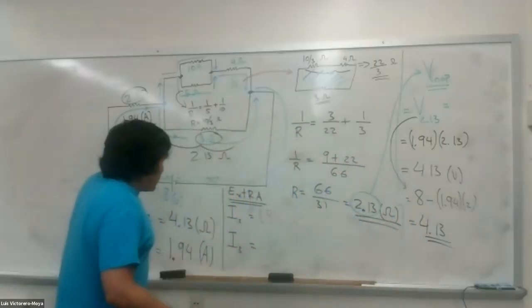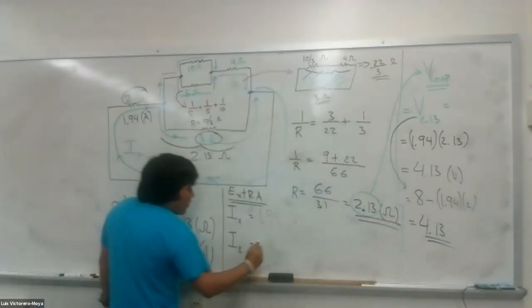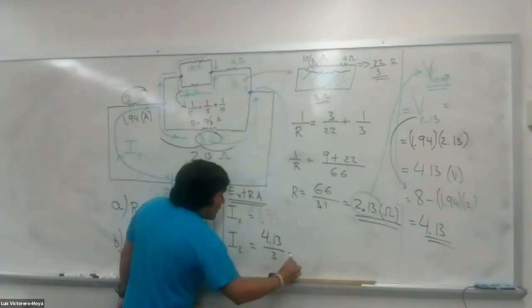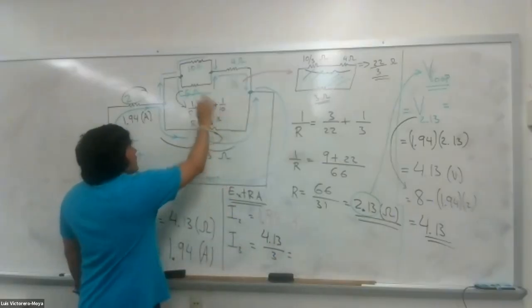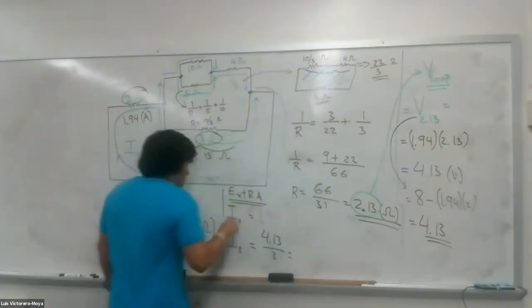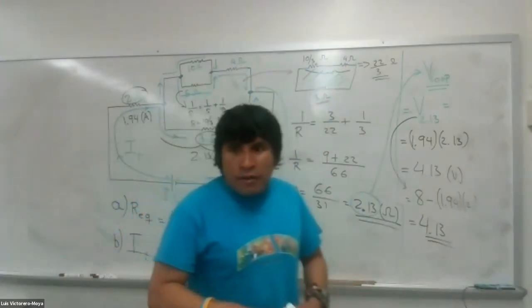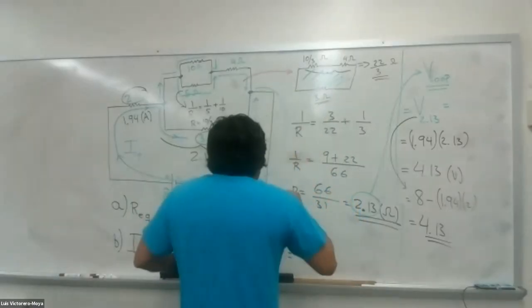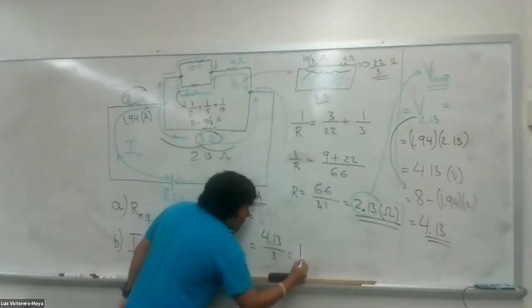So why do I need that? Because the current on 3 will be 4.13 divided by 3. Why? Because the voltage here is the same as the voltage here, right? So that current will be 1.38 amperes.